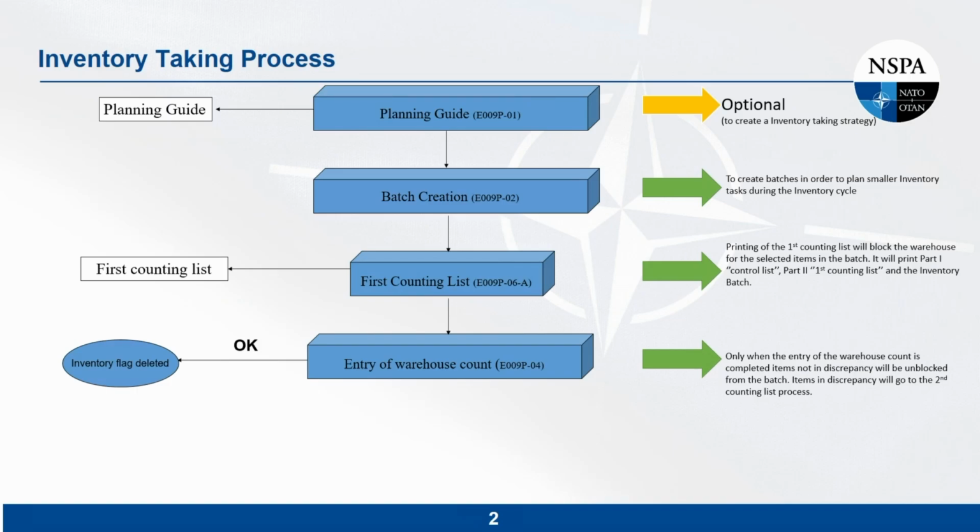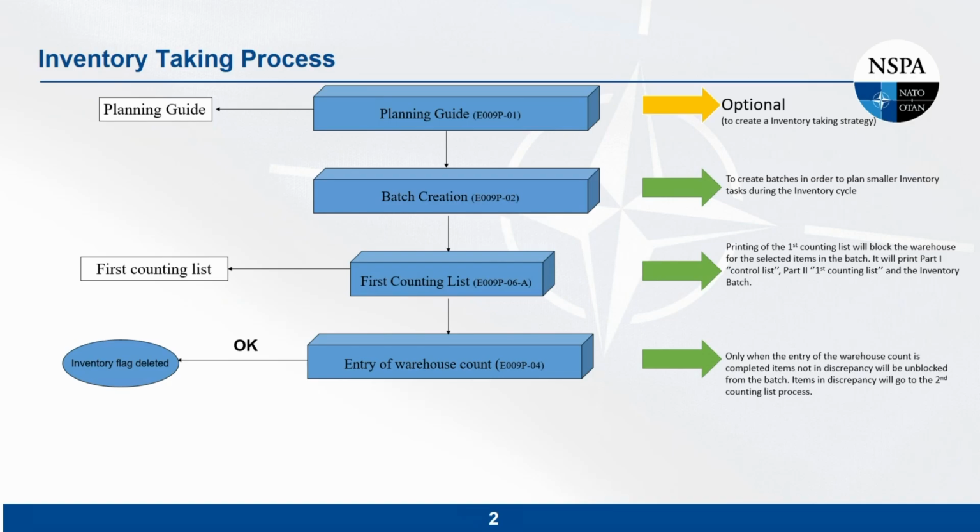Only when the entry of the warehouse count is completed, the items which are not in discrepancy will be unblocked from the batch. That means if the amount is the same as the amount in the control list, so the actual amount in the system, the items will be unblocked and can be issued out again from the warehouse. Items in discrepancy will go to the second counting list for another counting.